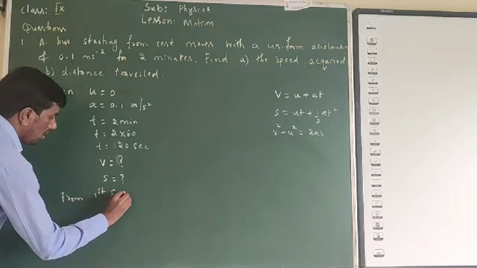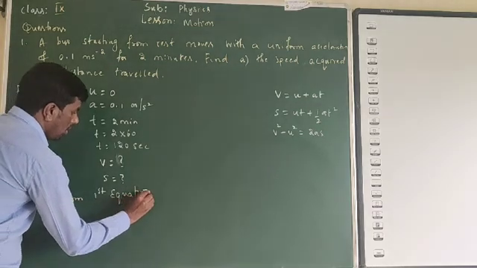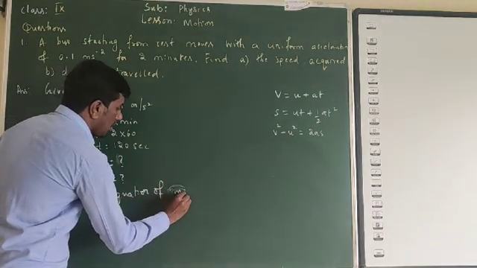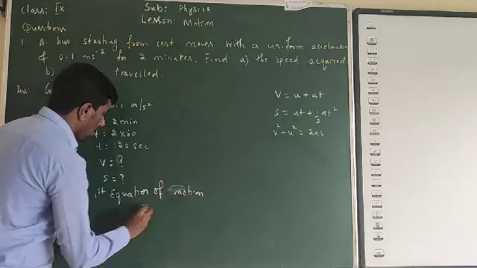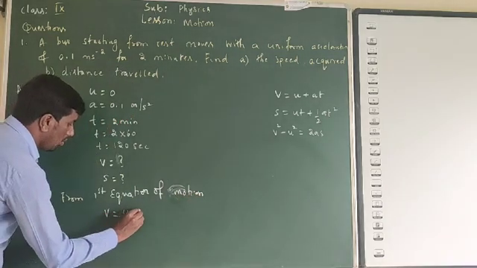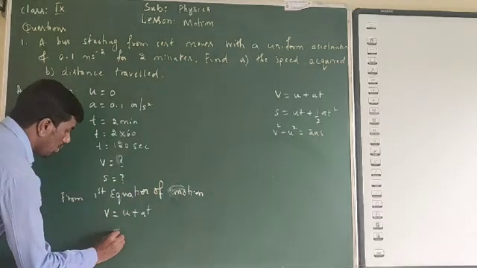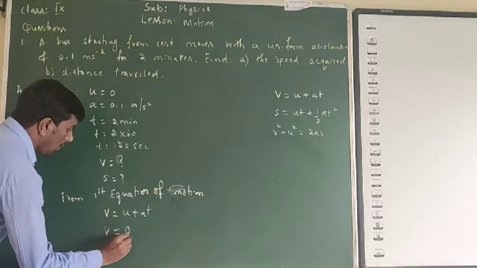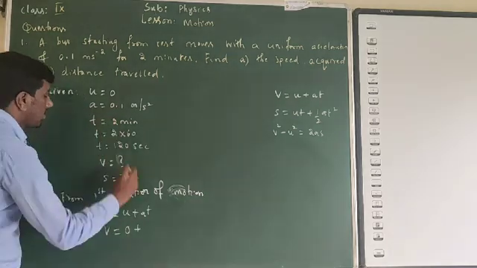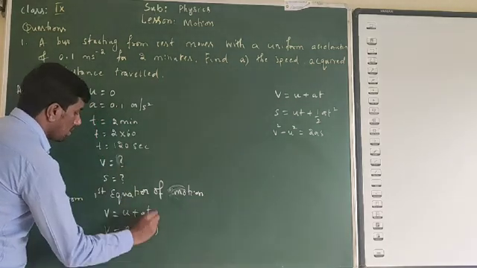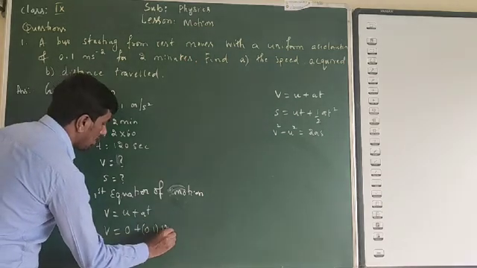From the first equation of motion, v is equal to u plus at. We will substitute u is equal to 0, a is 0.1, the acceleration, and time is 120 seconds.